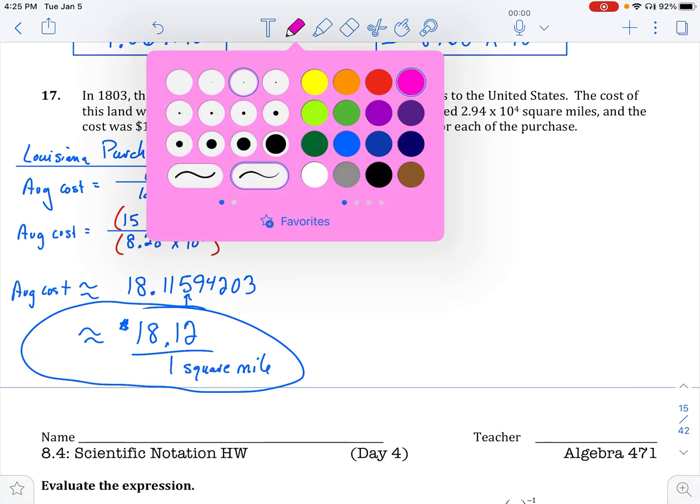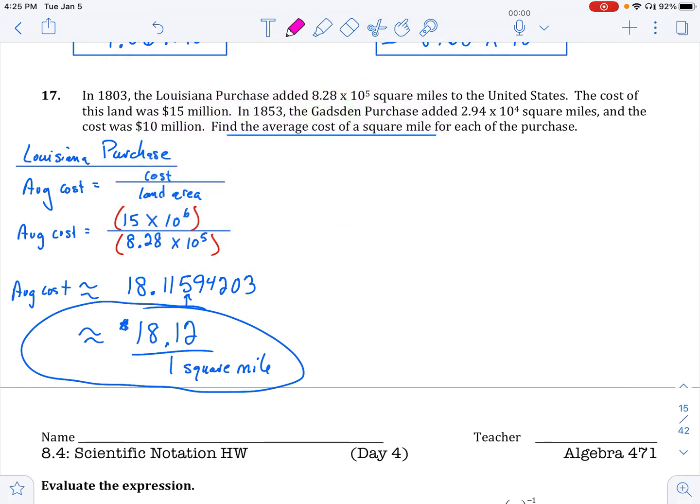All right, let's look at the Gadsden Purchase. A little bit smaller area of land. And let's find the average cost here. As we work to find the average cost, again, the average cost is going to be the cost of the land divided by the amount of land we had.